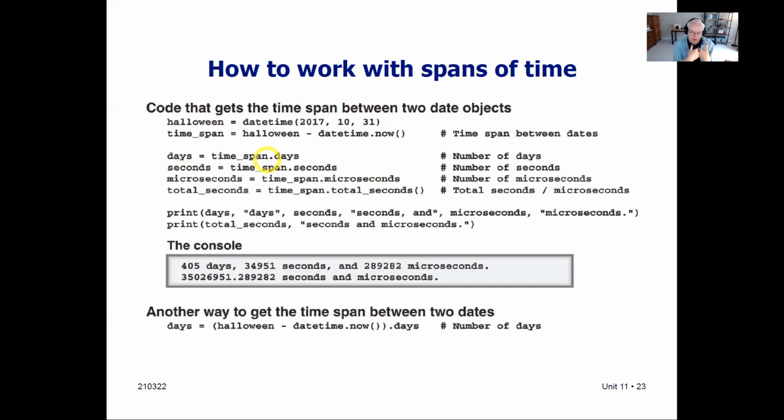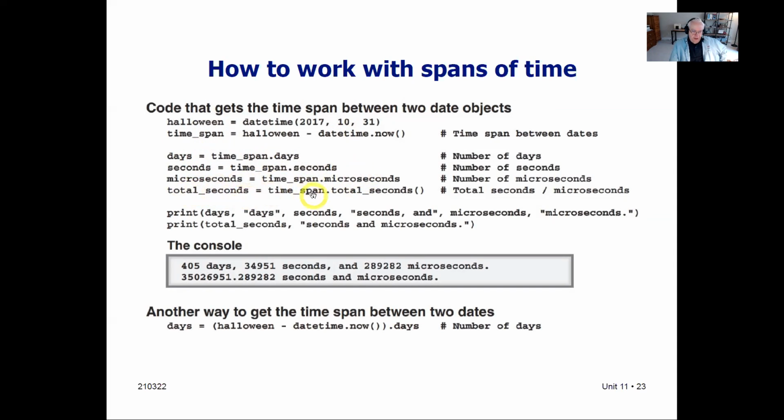Maybe that will help us understand. So it's not really a method, it is an attribute. I want that piece from inside the time span object. We can pull out the seconds. We can even pull out the microseconds, because it's a date time object.